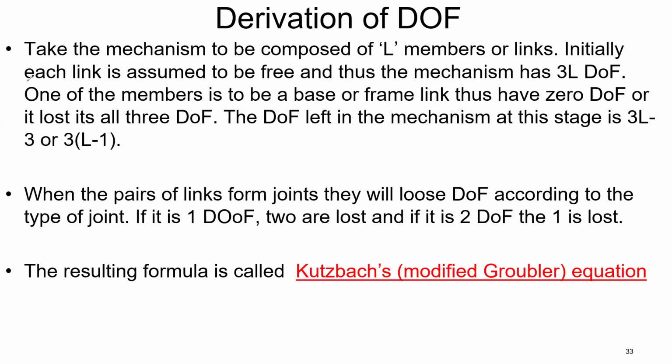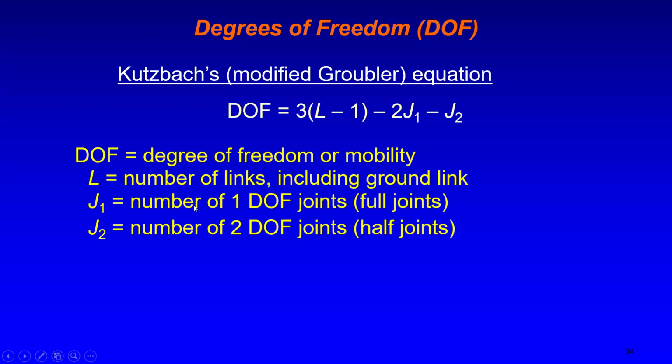Now, for the Kutzbach or modified Grübler's equation, the degrees of freedom is normally given by 3 into (L minus 1) minus 2J1 minus J2.